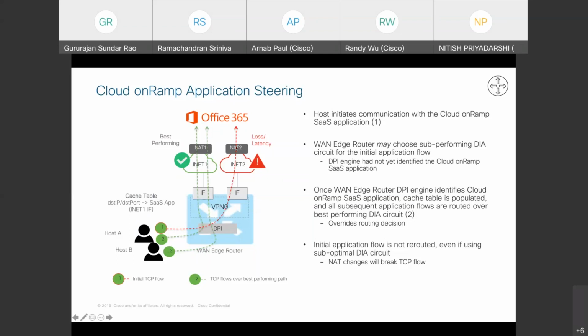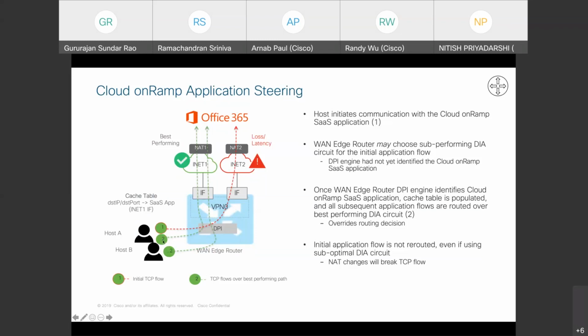It doesn't matter; it can choose any one of the available paths, and sometimes it could be a non-performing path also. For instance, we'll take it that the initial flow went via the non-performing path.